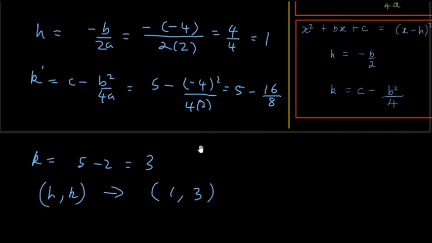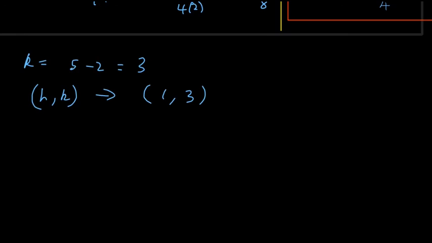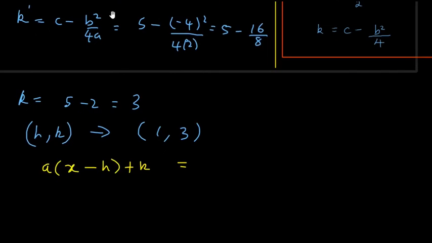So now let's replace h and k in this equation. As you already saw, a(x minus h) squared plus k, where a is 2, x minus h is x minus 1, squared, plus 3.